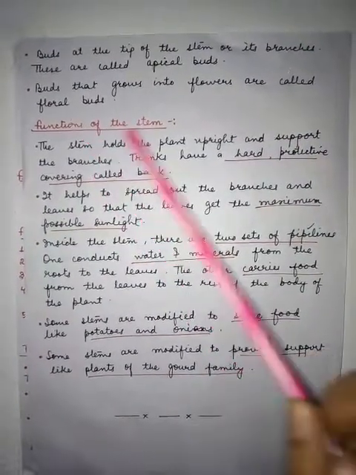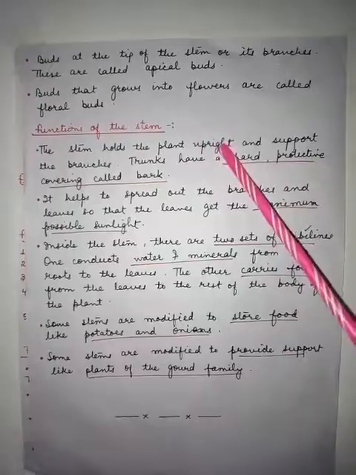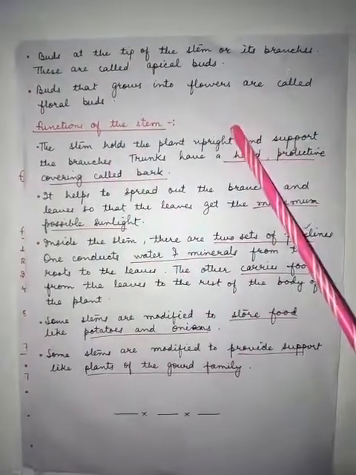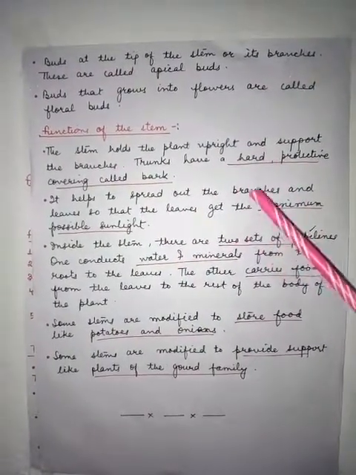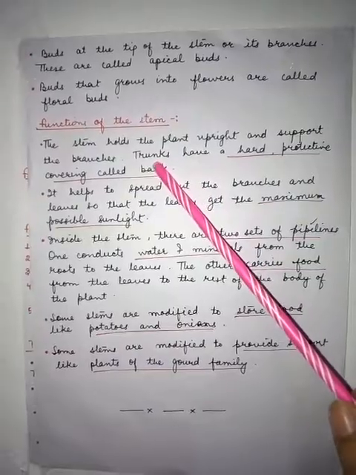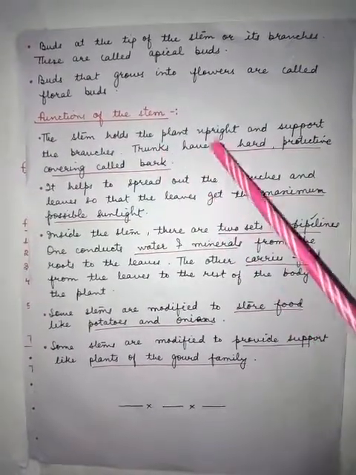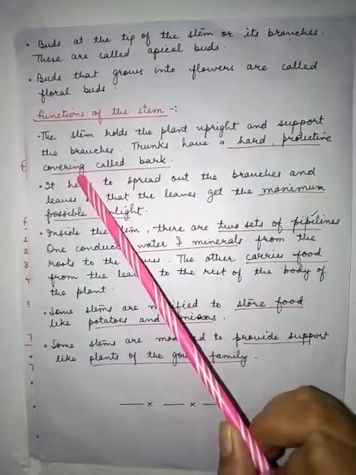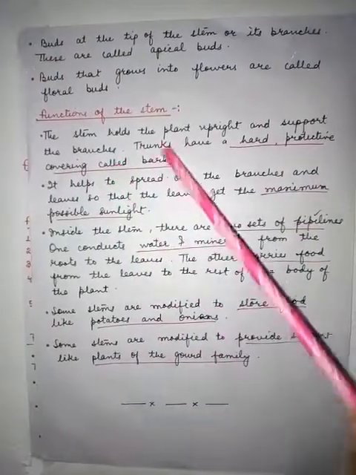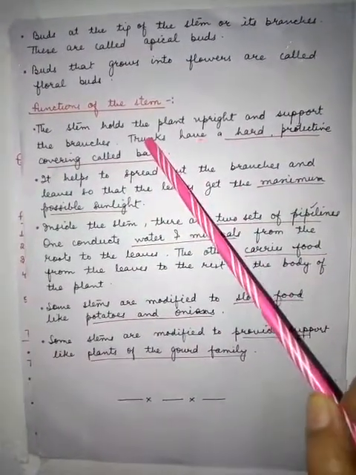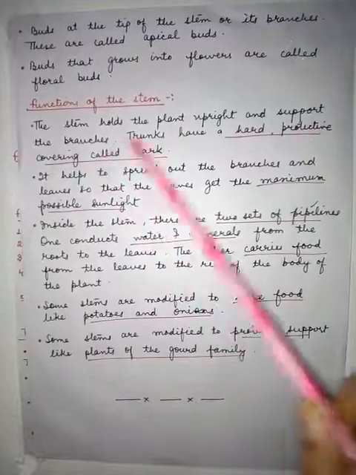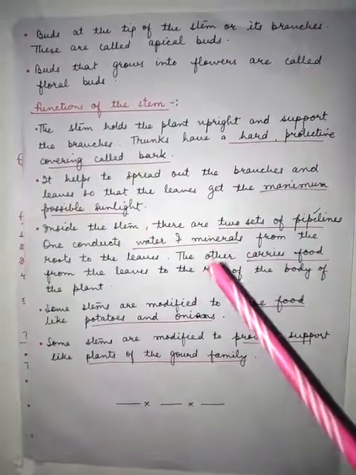In trees there is a trunk, a hard woody stem, and it has a hard protective covering, which is known as bark.